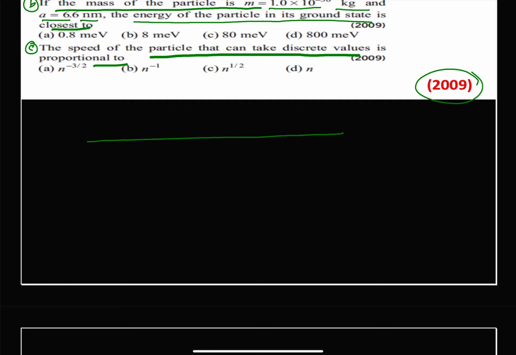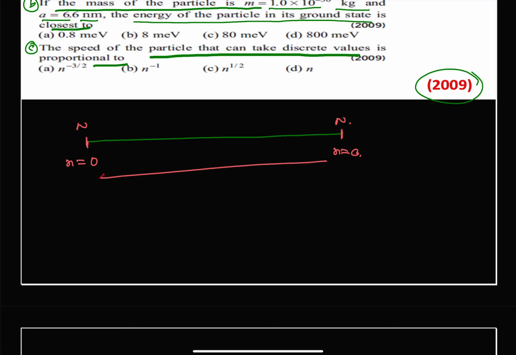Suppose this is our x equal to 0 and this is our position x equal to a, and here we are given that these are nodes, and the distance between them, or we can say the length of the string ideally, is nothing but our a.